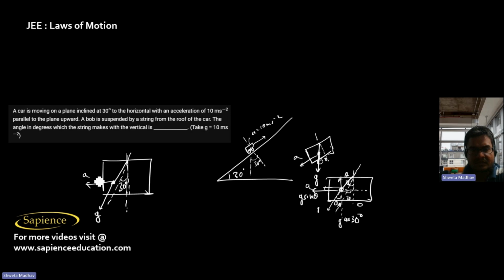This is the acceleration. So we can say if this is angle theta, then we can find the component of acceleration along this.